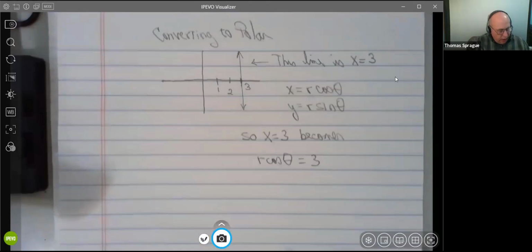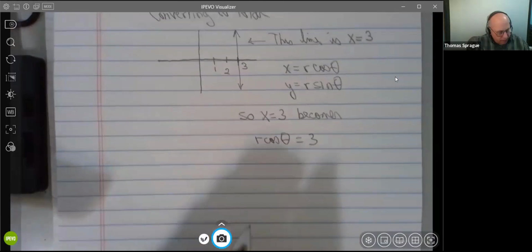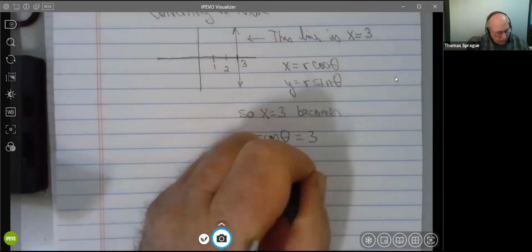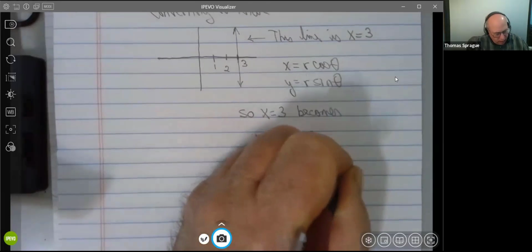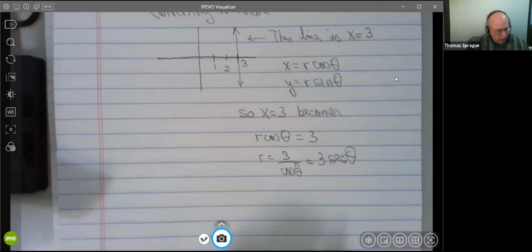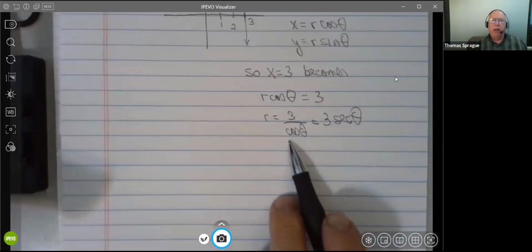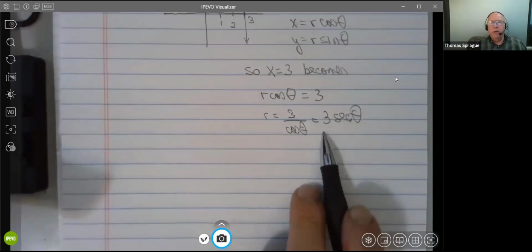And then generally they tell you to solve for r. And they may or may not simplify that to secant theta. I don't know.